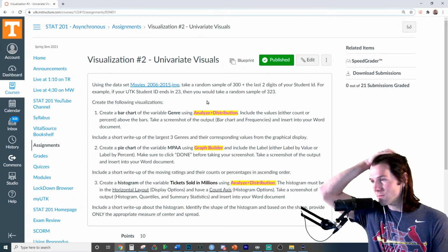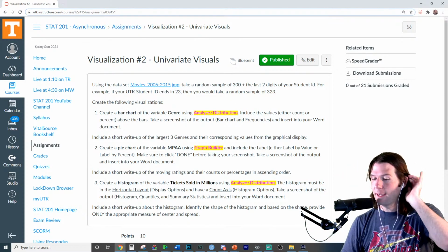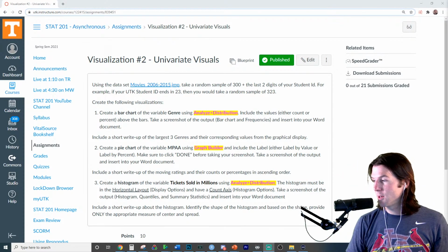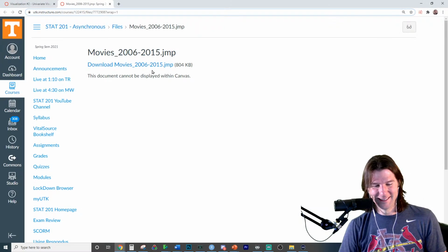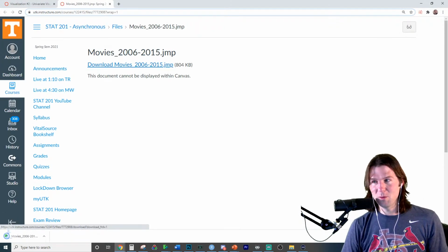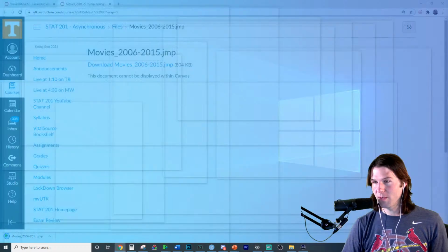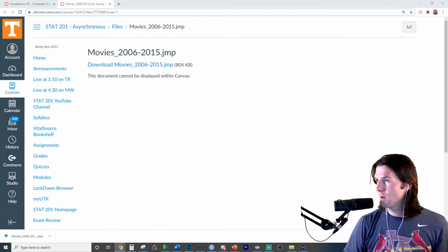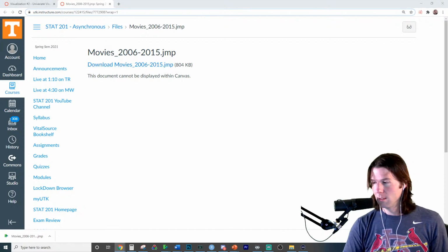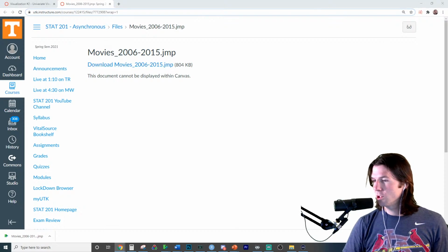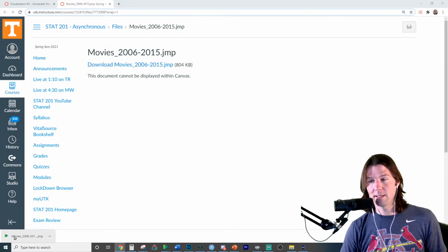Okay, so we're going to start at the very beginning of this. The first thing we want to do right here is take a look, sorry, Jonathan. John putting the sad face in the chat. If you do not have JMP installed on your computer, this file won't open. A very important thing when you're looking at this file is that it should have a green icon on it.